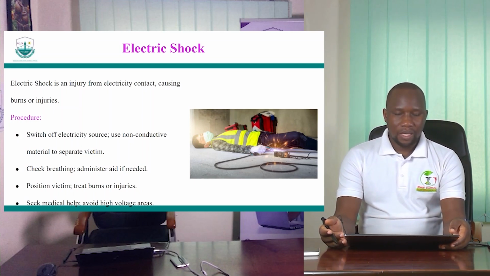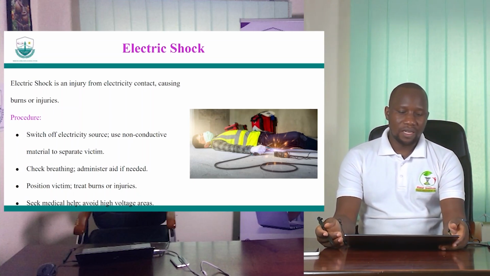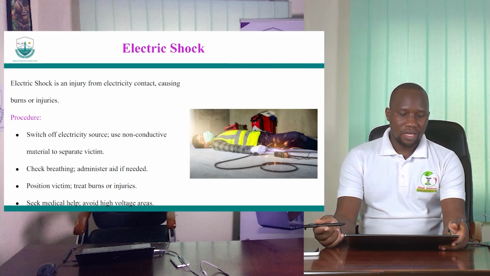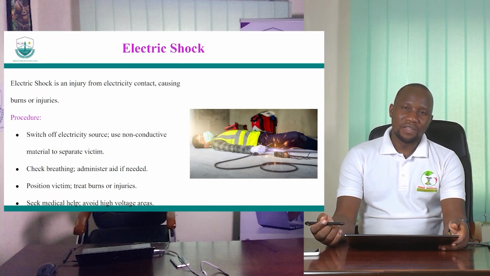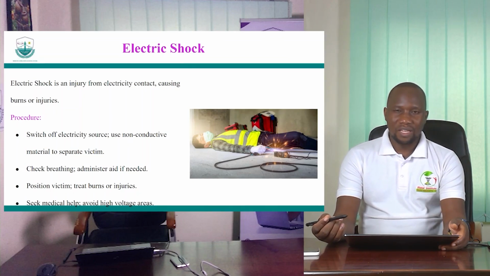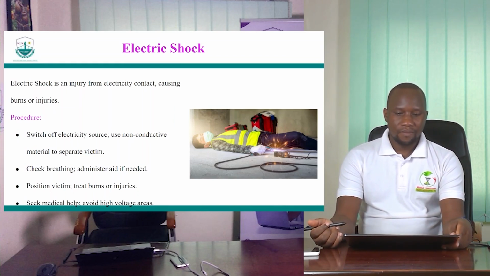So after getting the person away from the dangerous area, you can use the ABC to check airway, breathing, check circulation, and position the patient well. If you have any injuries, any burns, you can give first aid and then transfer to the medical facility.